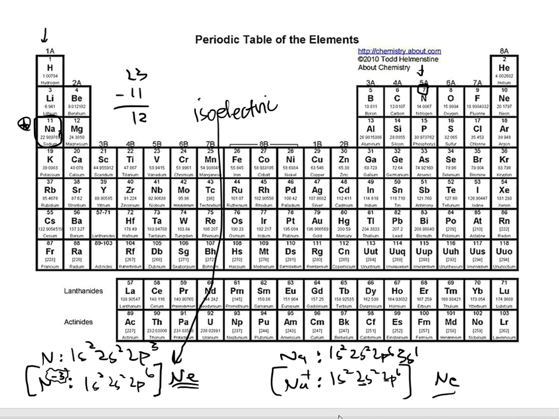Neon, again, is isoelectronic with Na+. So all three of these are isoelectronic with each other. The Na+ has the same electron configuration as the N-3, and those have the same electron configuration as neon.